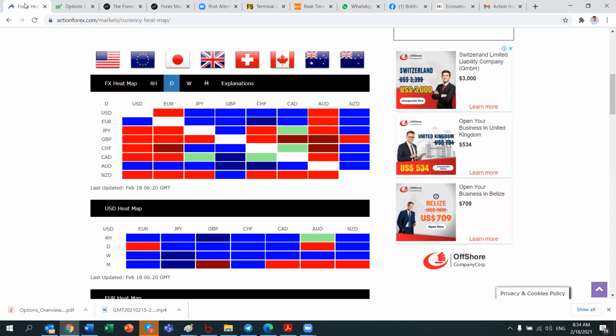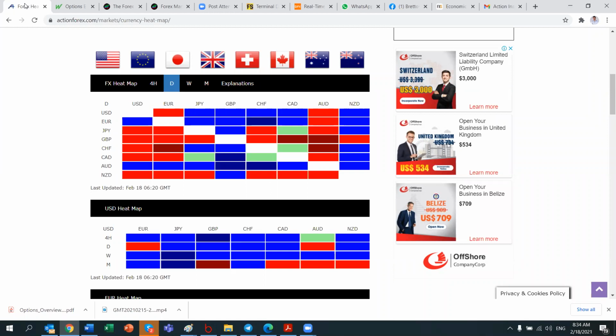They are awaiting the 1.9 trillion stimulus package. As you know, President Biden is now in the US, leading the country as president. Since November, we have seen the correlation between gold and inflation.